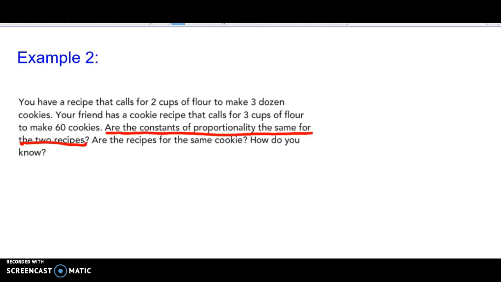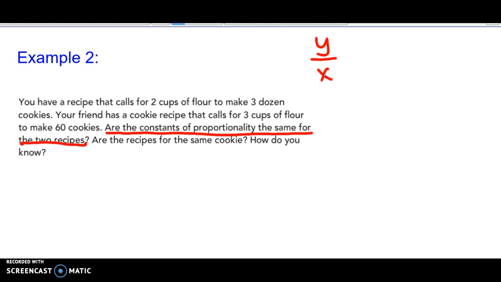So I need to identify my dependent and independent variable, or my y and my x, because I'm looking for that y to x ratio. So the number of cups of flour that I use determines how many dozen cookies I make, right?